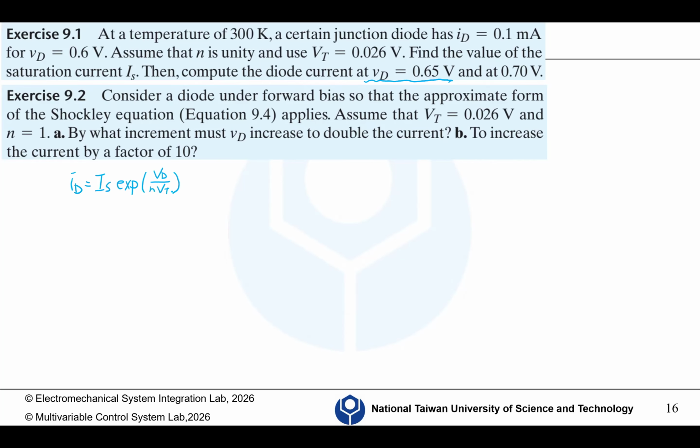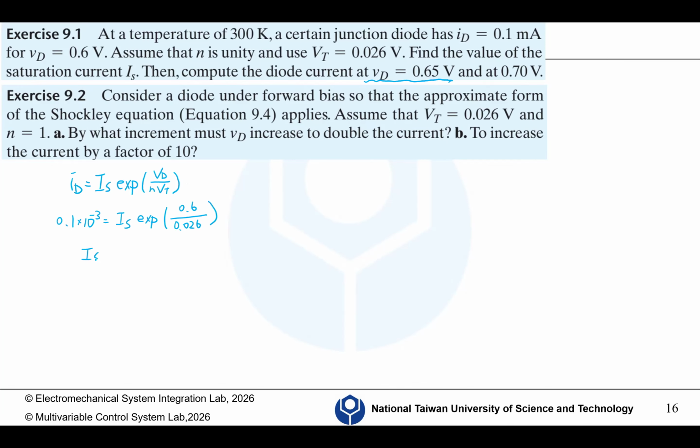Because in this case, VD, 0.65, compared to nVT is large enough, we just ignore the minus 1, and then we plug in all the numbers. So ID is 0.1 milliampere, so times 10 to the power of minus 3. This is Is, and this is exponential, this is 0.6 volts, and then N is 1, and VT is 0.026.